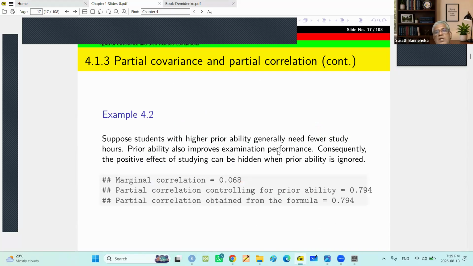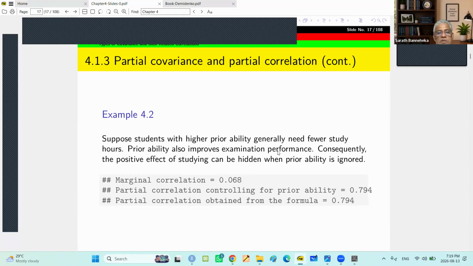Right. Let's look at another example. Suppose students with higher prior ability generally need fewer study hours. Prior ability also improves examination performance. Consequently, the positive effect of studying can be hidden when prior ability is ignored.